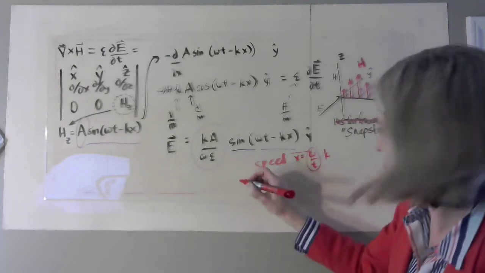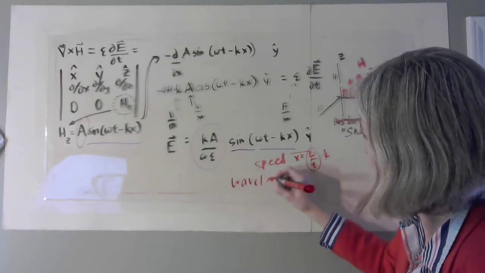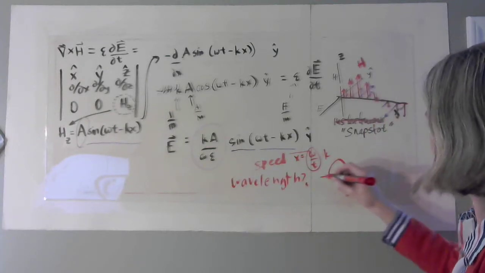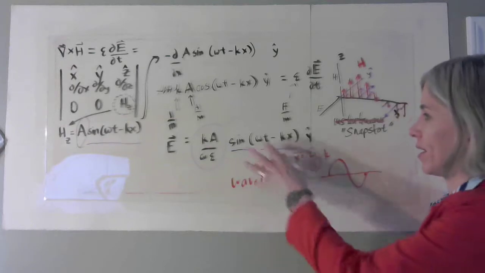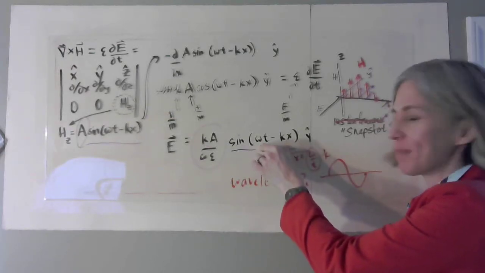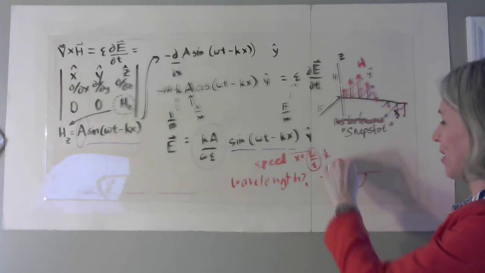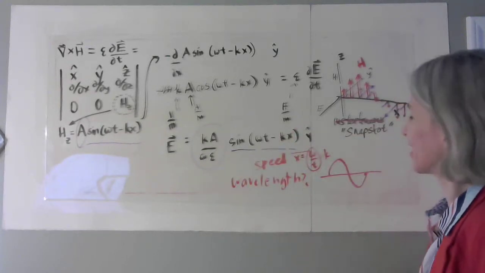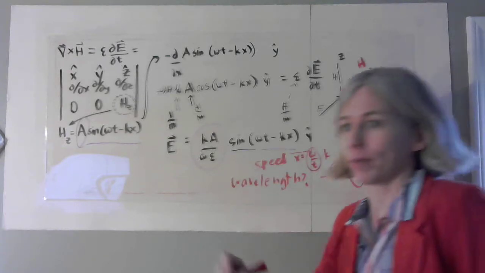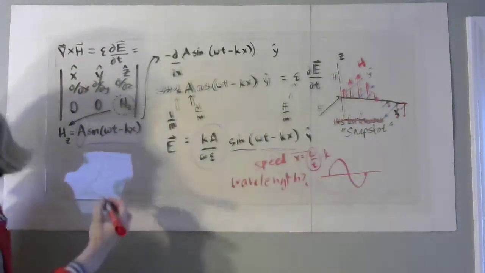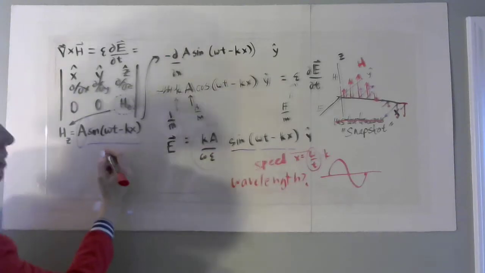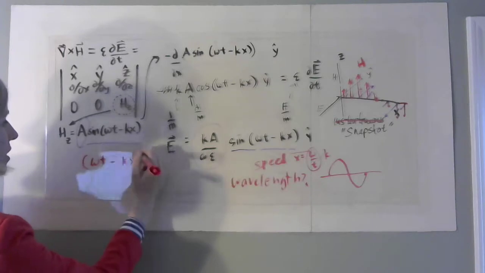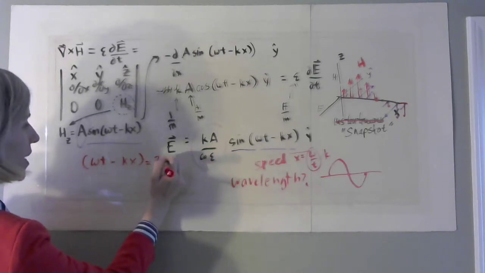The other thing is wavelength. We've got one period of this thing when this argument has increased by 2 pi. Then we come back around and it's the same again. Sinusoid is a modular thing. It just comes back around. So I'm going to move over on this side. Look at when this argument, omega t minus kx, equals 2 pi.